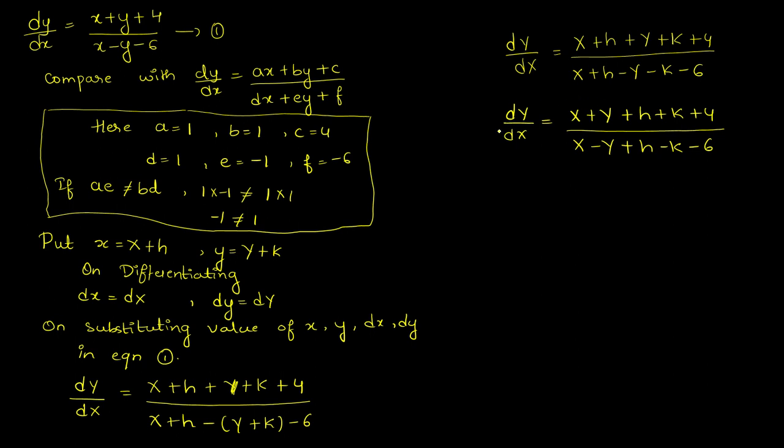So if this equation has to be homogeneous, then we need to have only X plus Y and X minus Y, where these constants should tend to 0. Let us consider this equation as equation 2.